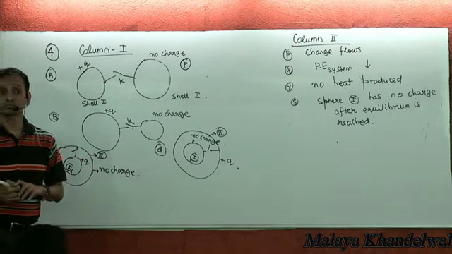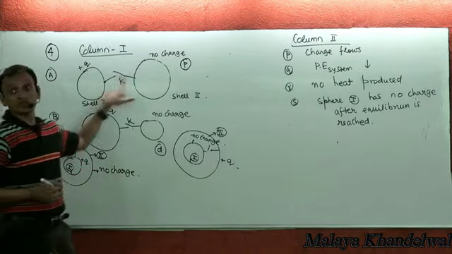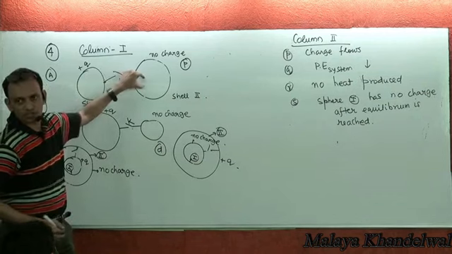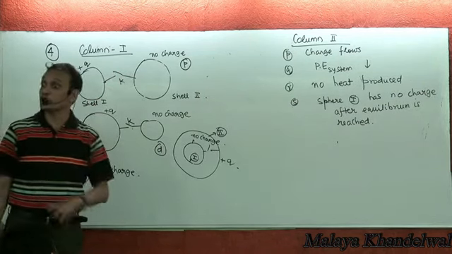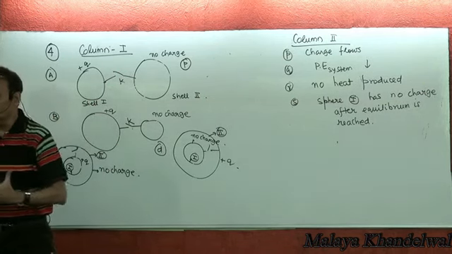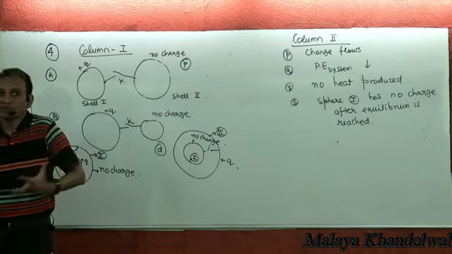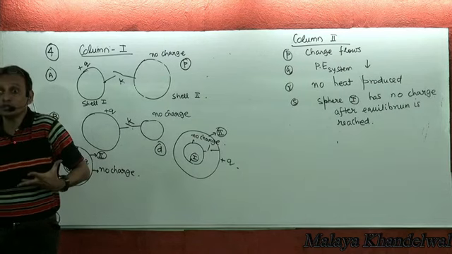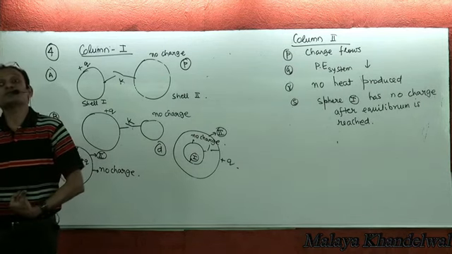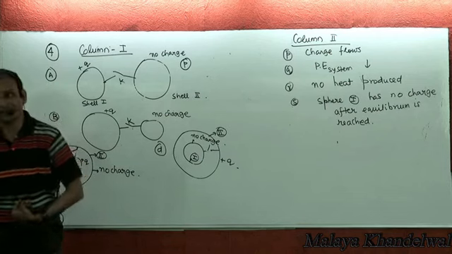Now, when there is flow of charge, there is a current generated through this connecting wire. If there is a current generated through the connecting wire, there must be Joule heating. If there is Joule heating, that means there is some loss of energy. Where does it come from? It must be at the expense of loss of potential energy.